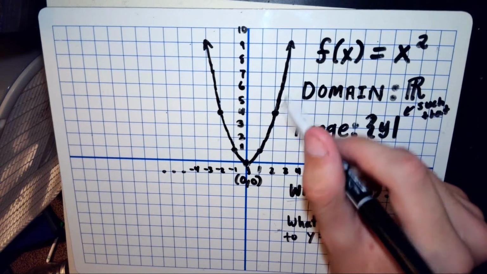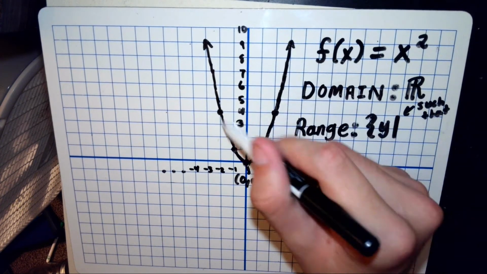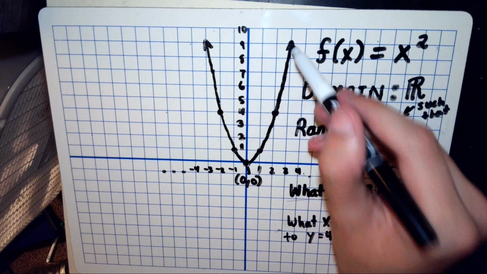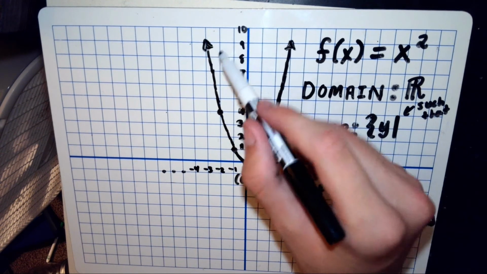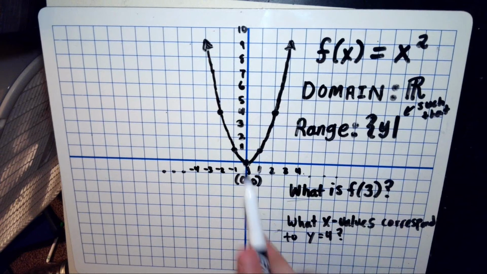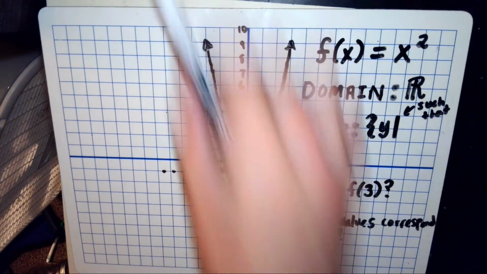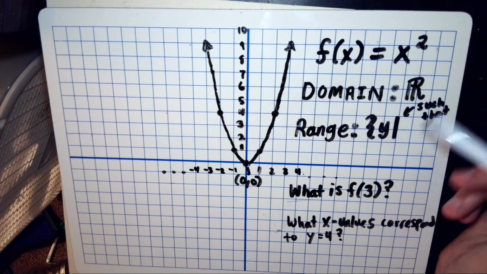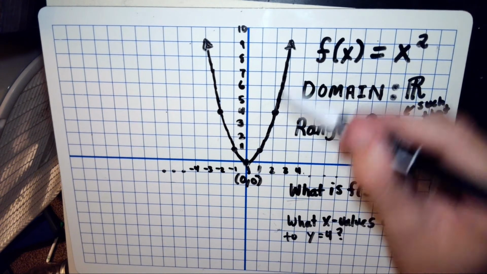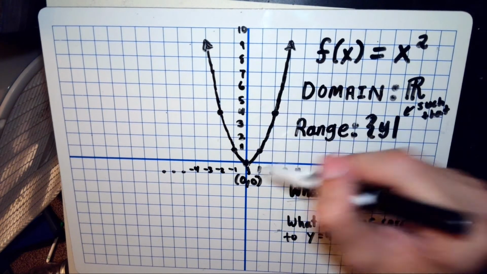And then also note that as you travel along either arm of the parabola, these arrows indicate that the function goes on forever. So it goes on forever up and to the left, and it goes on forever up and to the right. There's nothing bounding the growth of this thing on either side of the parabola.